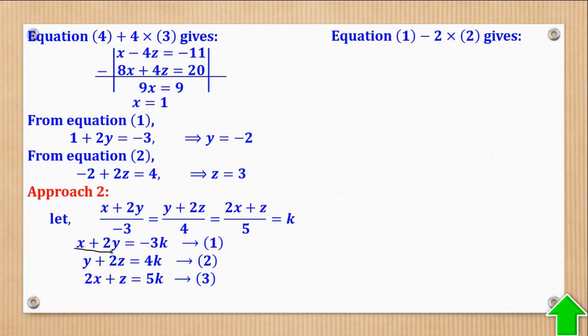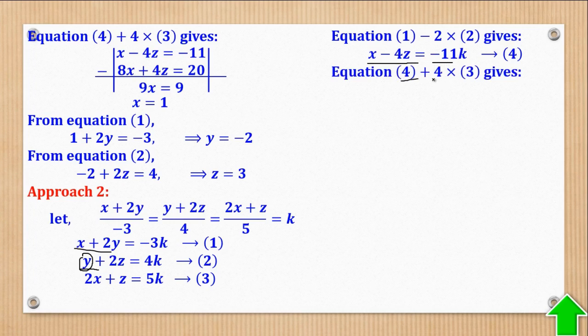Equation 1 is here, and equation 2 is here. So we shall still follow the same procedure, because I will have to eliminate y. So when I do that, I'll come up with x minus 4z equal to negative 11k. Then equation 4 plus 4 times equation 3, I think we'll remember these steps, we went through them in the previous approach. So I'll come up with 9x equal to 9k, which gives me x equal to k.